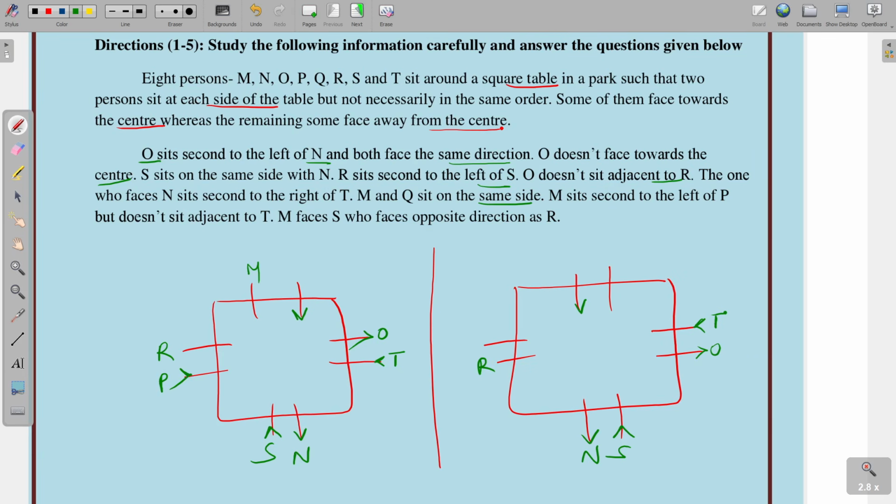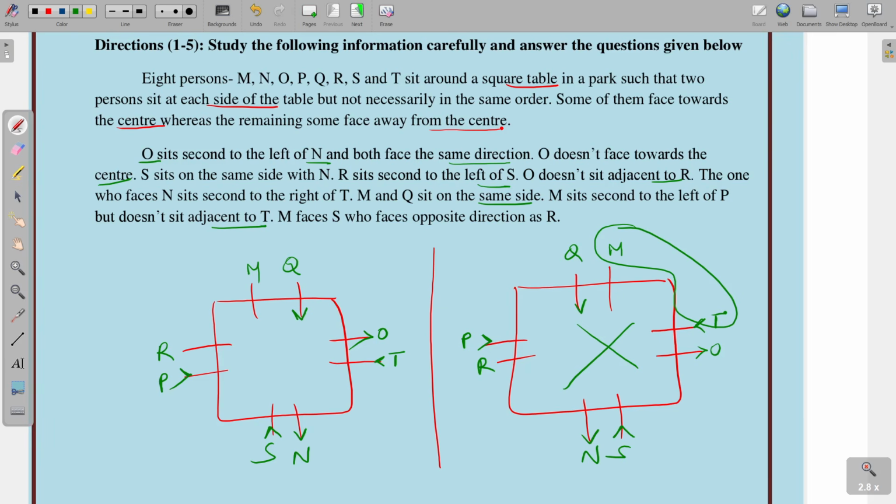Only one possibility, this one. Here Q is there. Coming to this one, suppose P is placed here and M is the second to the left of P and Q is placed here, and M doesn't sit adjacent to T. So here M and T are both adjacent to each other. This one is not correct.